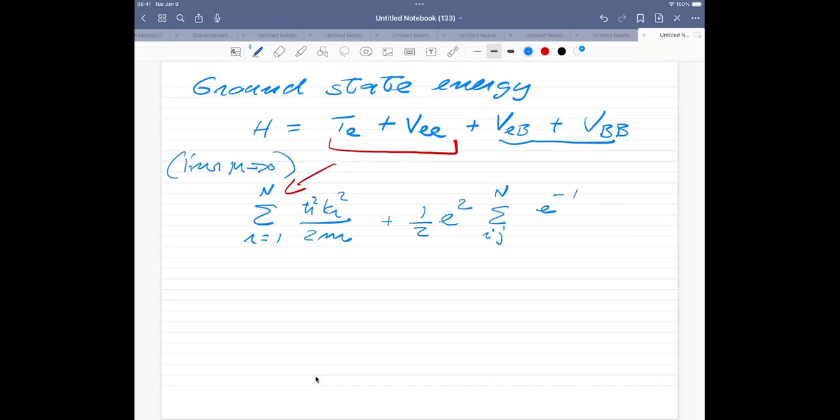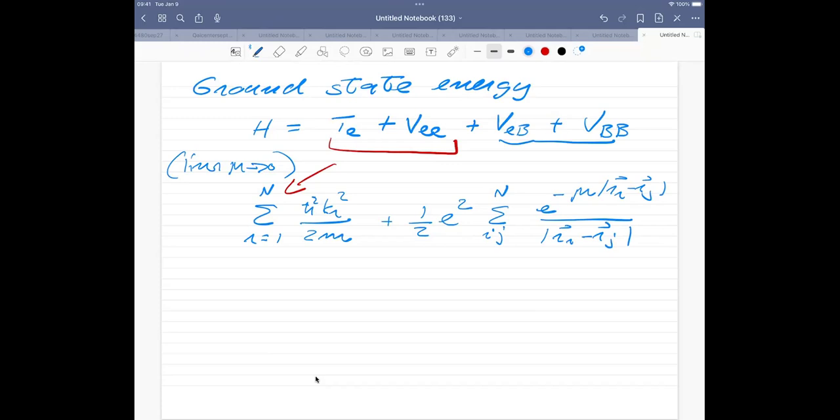I'm introducing this just as a convergence factor in this integral. And this is going to be given by e to the minus mu times the absolute value of R_i minus R_j, divided by the absolute value of R_i minus R_j. In this particular case, I've set some of the physical constants in the Coulomb interaction to 1. I'm just putting in the charge here.